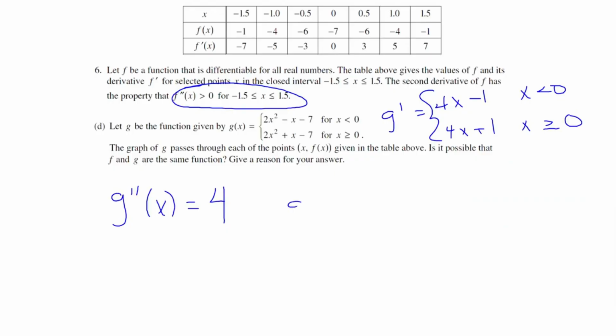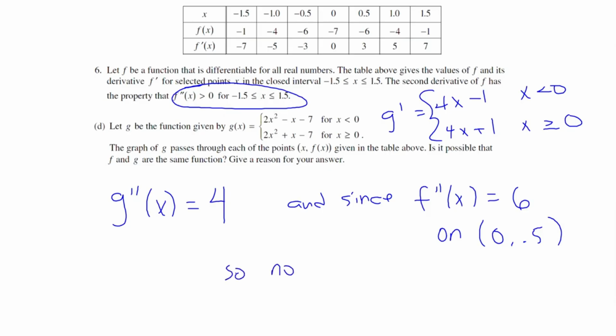And since f double prime of x equals 6 on 0 to 0.5, we can't have a different value for the second derivative, 6 or 4, somewhere on this interval. So no, f and g are not the same function.